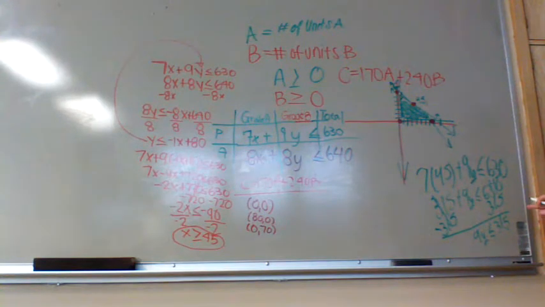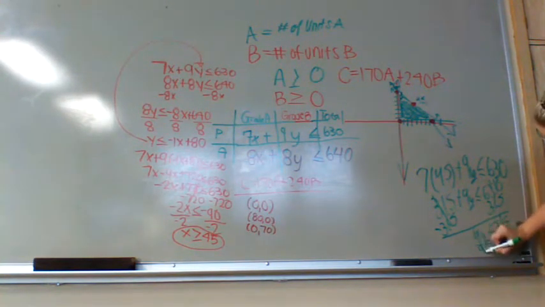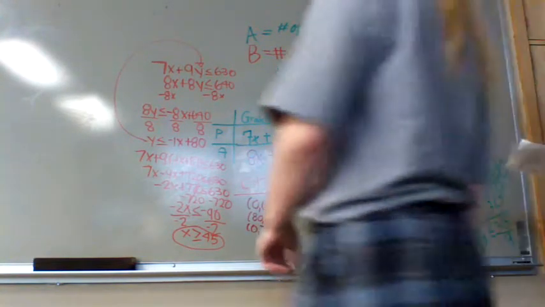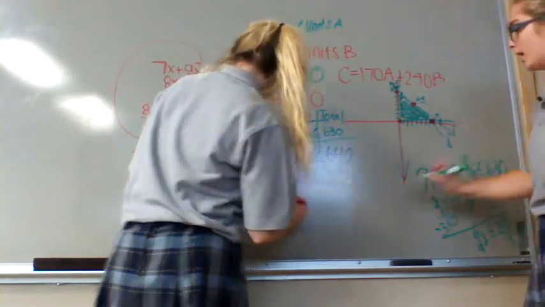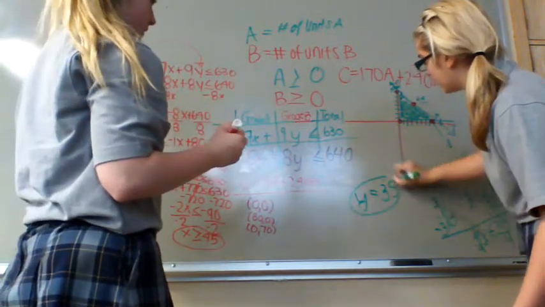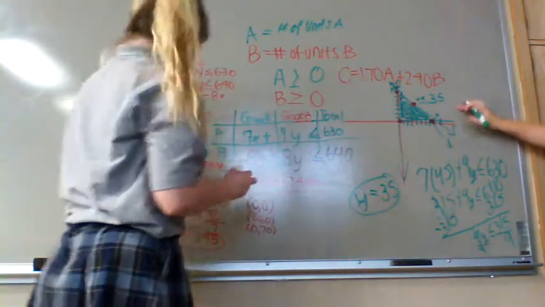So then you get 315, and then you divide by 9 on each side. And then 315 divided by 9 is 35. So then you have y equals 35, and that's the second part of your point over here. So then you found all your points.